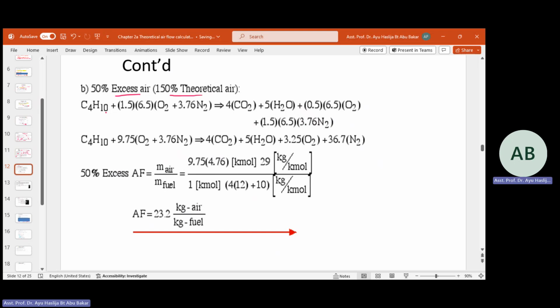So that is why from the previous combustion equation, we include 1.5 in front of the A, multiplied. And in the products, you can see over here, for excess air, the oxygen is multiplied by 0.5, and also the nitrogen is multiplied by 1.5. Why oxygen 0.5, nitrogen 1.5?